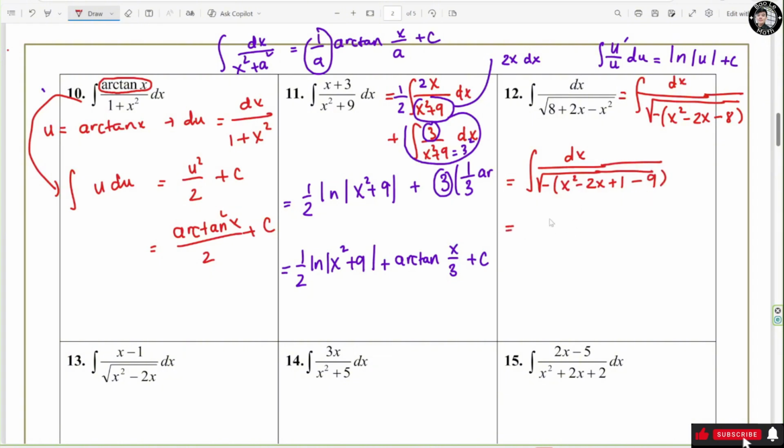So it's going to be the antiderivative of ds over the square root of negative (s minus 1 altogether squared) minus 9, right?